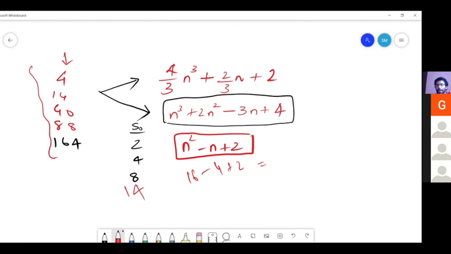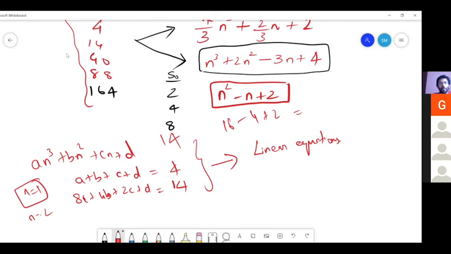So if I'm able to give a 5th degree polynomial for this, I can always continue it beyond this also. That's not a problem, right? For the sequence 4, 14, 40, 88, 164, can I come up with a higher degree polynomial? What is the maximum degree possible?